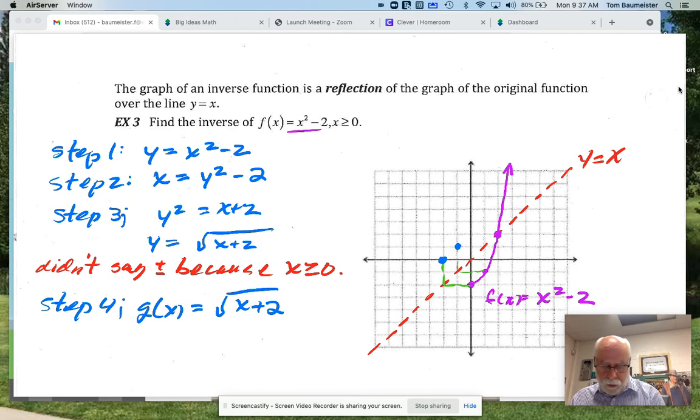When x is equal to -1, -1 plus 2 is 1. So we know that one's right. And then again, the same would be for the other one we would have here. So here's what our g of x looks like. And it is a reflection.